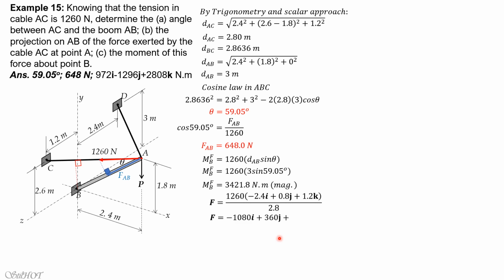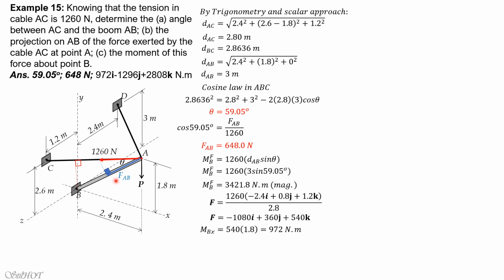Then MBY is equal to, these are the components of the force: 1,080 leftward, 360 upward, and 540 forward. So the x component passes through the y-axis, so 0 moment.